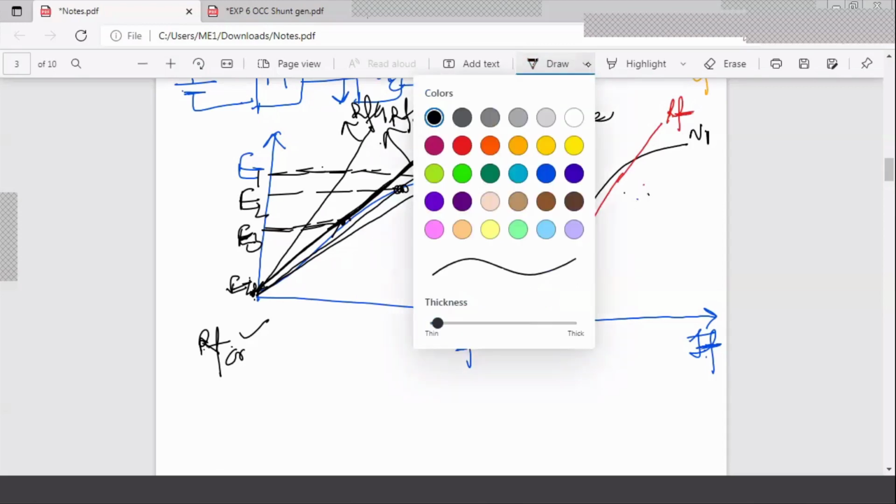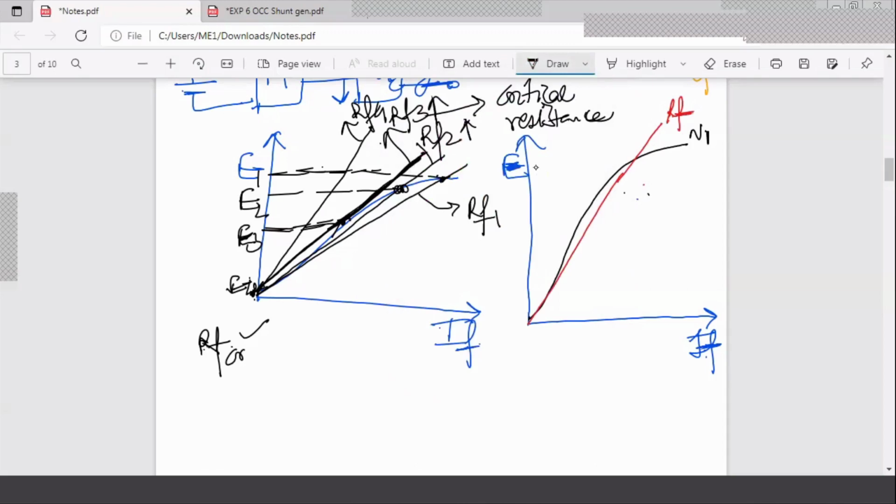Here initially we know what is the induced EMF value. This much is the induced EMF value, E1, at this condition, at which the field resistance is plotted. Field resistance is there. This is not changed. This is getting fixed. But what is changing here now? The speed is changing. Now you have a second curve here, for which your curve will be something like this.